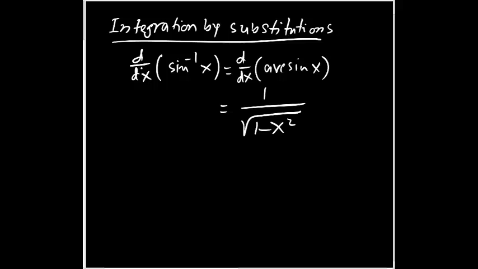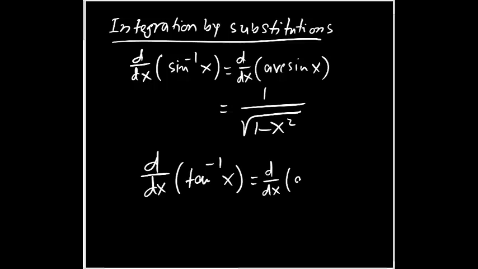And if you find the derivative of cosine inverse, then you just put a negative in front. So the basic rules are just like this. The derivative of tan inverse x, or you can say the derivative of arc tangent x, is 1 over 1 plus x squared. Okay, like that.